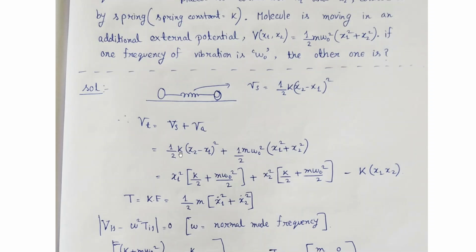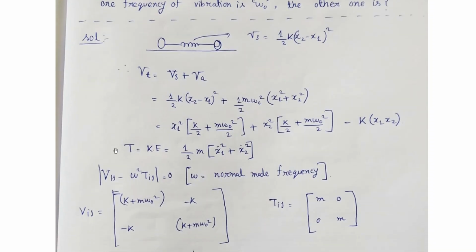So this is the spring potential energy plus the additional potential energy, and now you can collect the terms. The coefficient of x1 square is k by 2 plus m omega naught square by 2. The coefficient of x2 square will be k by 2 plus m omega naught square by 2, and the coefficient of x1 x2 is minus k. And of course the kinetic energy is simple, that is m by 2 into x1 dot square plus x2 dot square.